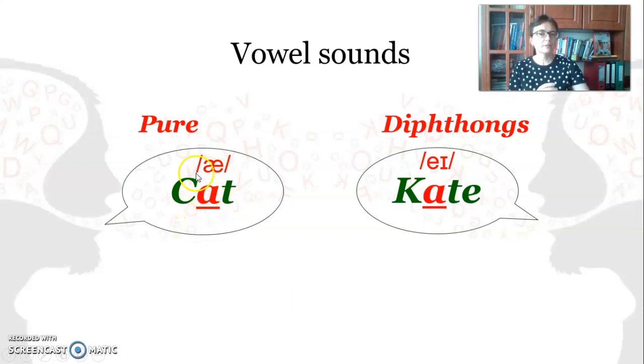When pronouncing the sound E, the quality does not change, it stays the same from beginning till the end. Whereas when it comes to the sound A, the quality changes, so we can definitely hear the glide from one sound to another.